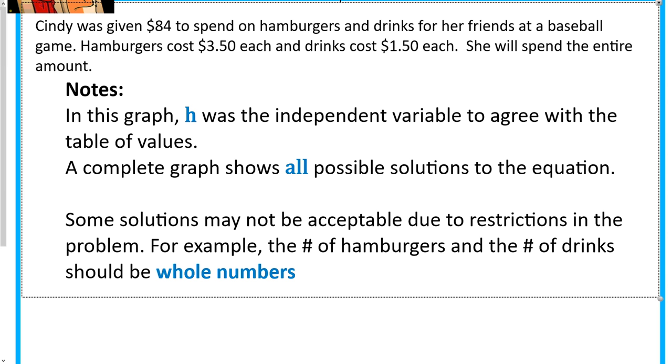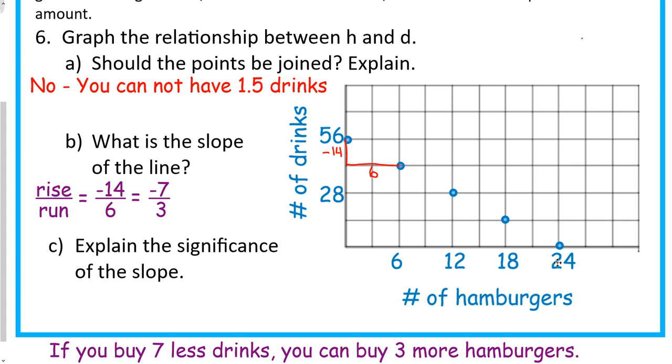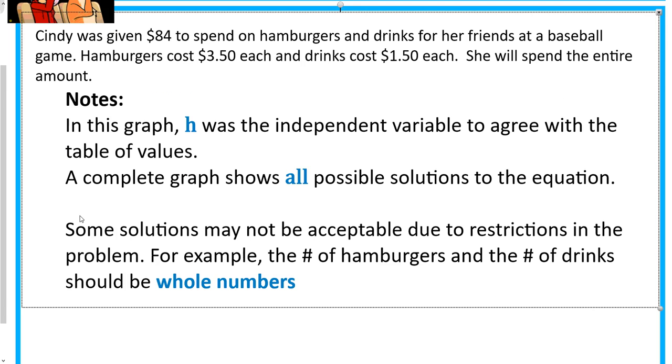We only had values for 0, 6, 12, 18, and 24 hamburgers, but there are other values in between. I didn't plot all of them. And then some solutions may not be acceptable due to restrictions in the problem. For example, the number of hamburgers and number of drinks should be whole numbers. That's what I talked about a couple minutes ago. You only need to have whole numbers.